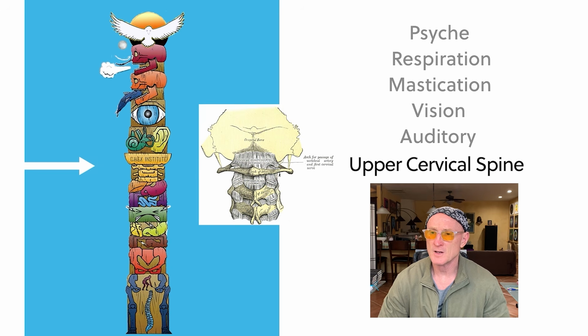And the spinal cord, the dura of the spinal cord, attaches up at the atlas and axis, and then down later we'll get to where it attaches below.